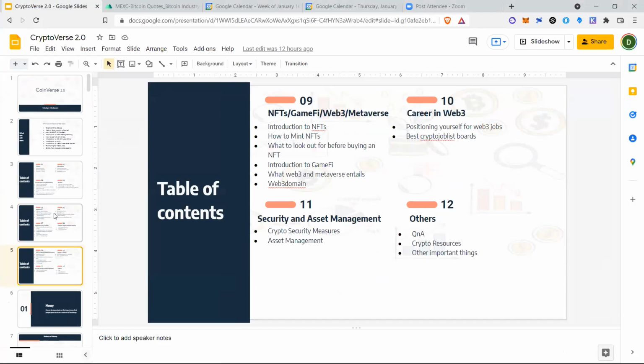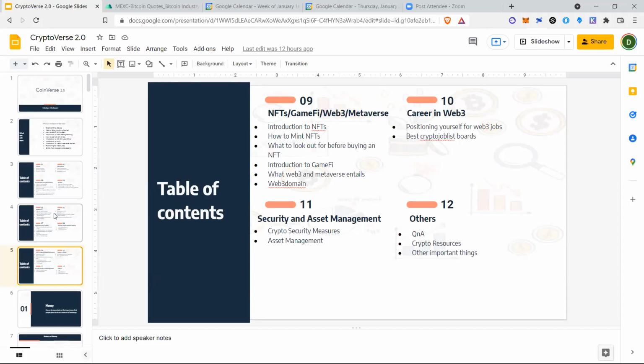And then we need to talk about career in Web3. And we've not talked about security and asset management, although I've made mention of some of that when we were talking about trading, but I still need to talk about it. And then a full question and answer segment where we can ask questions based on everything we've learned so far in the class, and also talk about some useful crypto resources.